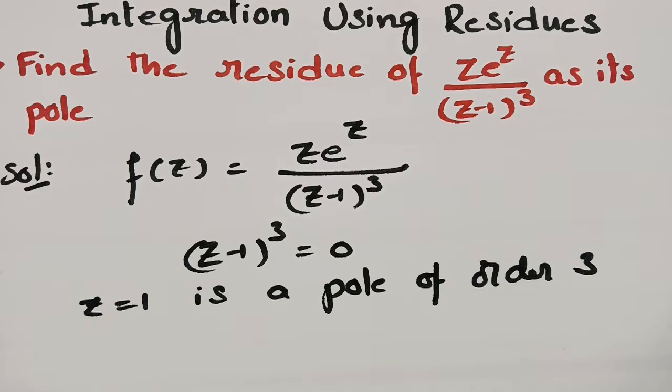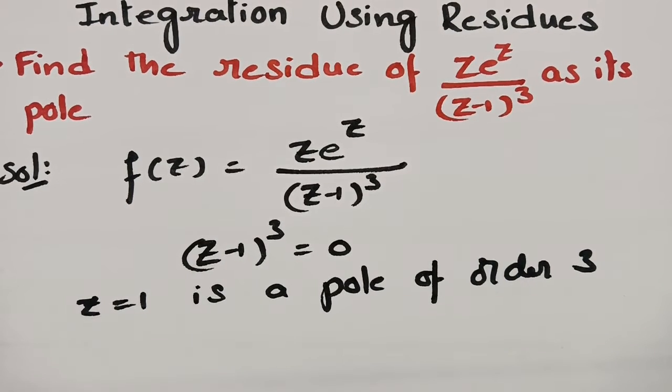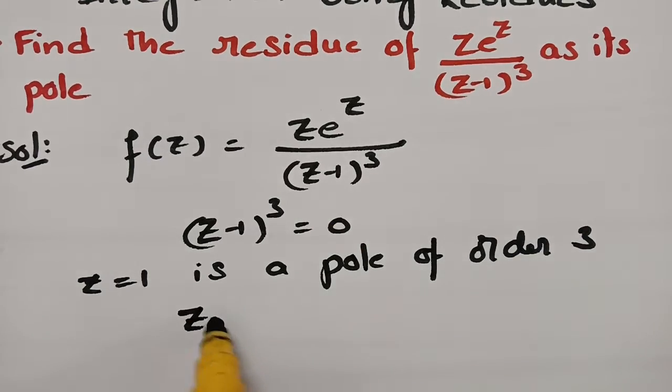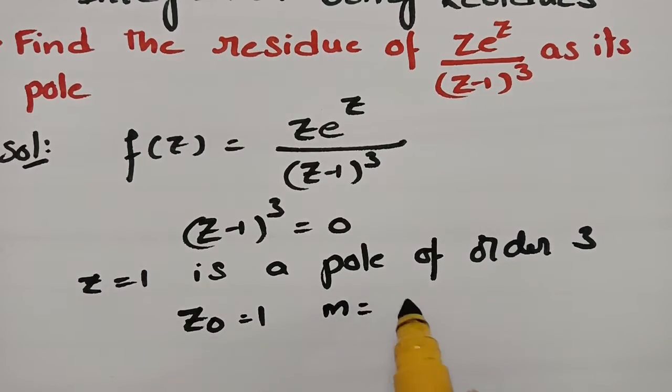And next we have to find out the residues. How to find out the residues? So here the pole is z0 is equal to 1 and order m is equal to 3.